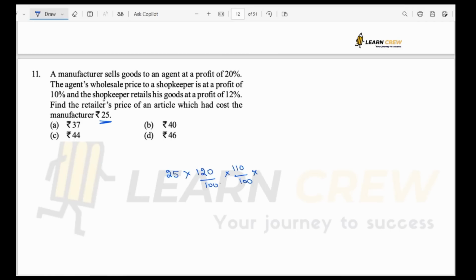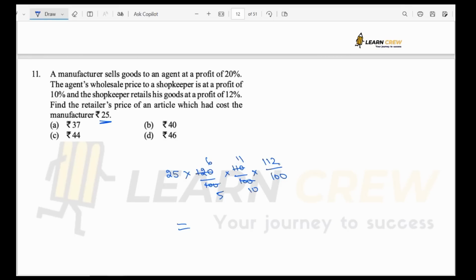And again the shopkeeper retails his goods at a profit of 12%, meaning again 112% of it. It is the final retail price. Yes or no? It is 11/10.